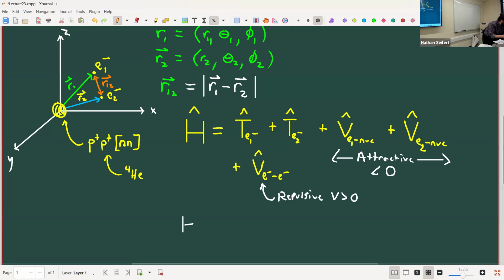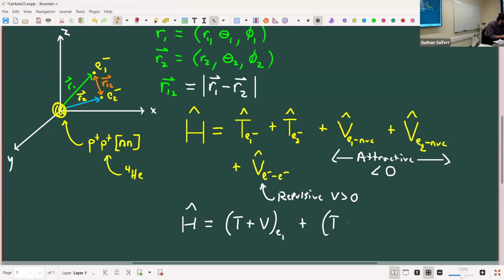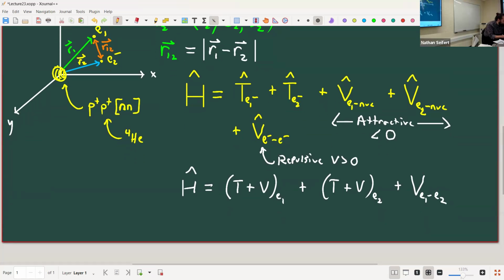In some sense, I have T plus V for electron 1 plus T plus V for electron 2. And then I have this extra term that interacts the 2 electrons. So this is my interaction term, which is repulsive.